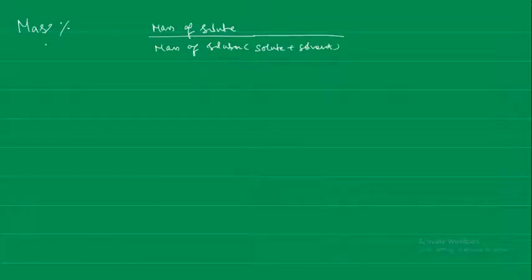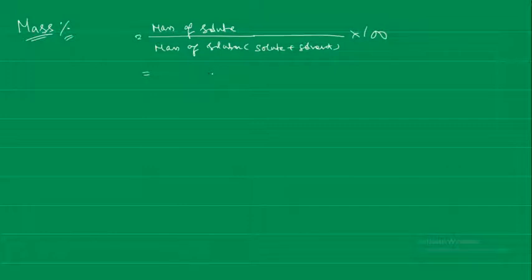Very simple thing. Mass percent means what is the mass of the solute in the mass of the solution. You know that solution is nothing but solute plus solvent. Because we are talking about mass, everything has to be expressed in grams. Now because we are telling percentage, into 100. So the fraction of the solute into 100 will give you the percentage.